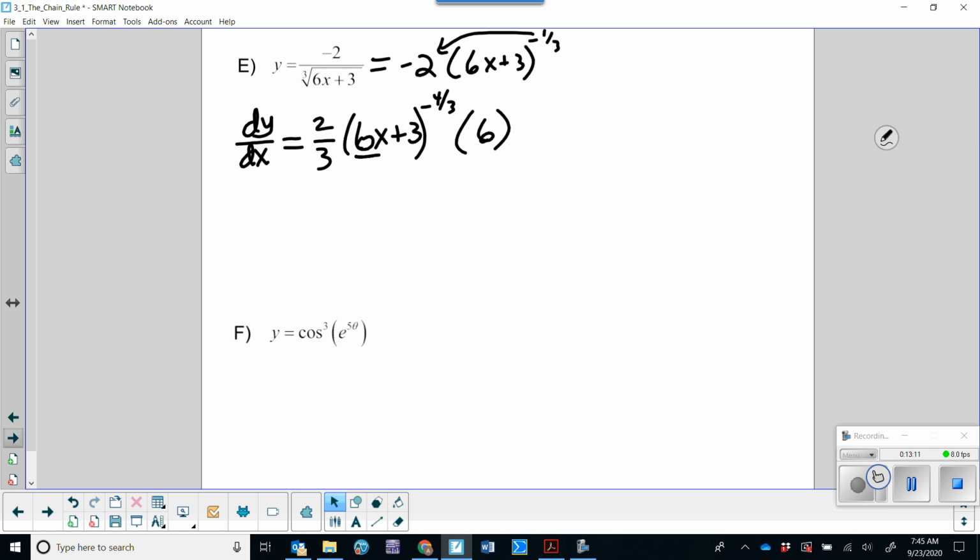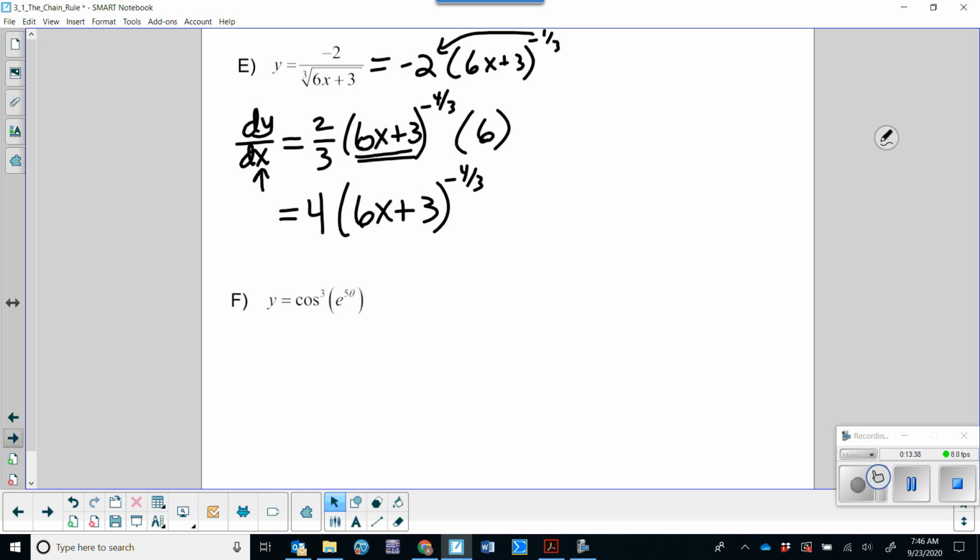So anytime this inside is not exactly that, okay, I have to do the chain rule. So the inside was 6x plus 3. That's not just a plain x, so I do times its derivative. Now I just clean it up a bit. 2/3 times 6 would be 4. And then again, just leave this 6x plus 3 to the -4/3. Okay, and leave that alone.